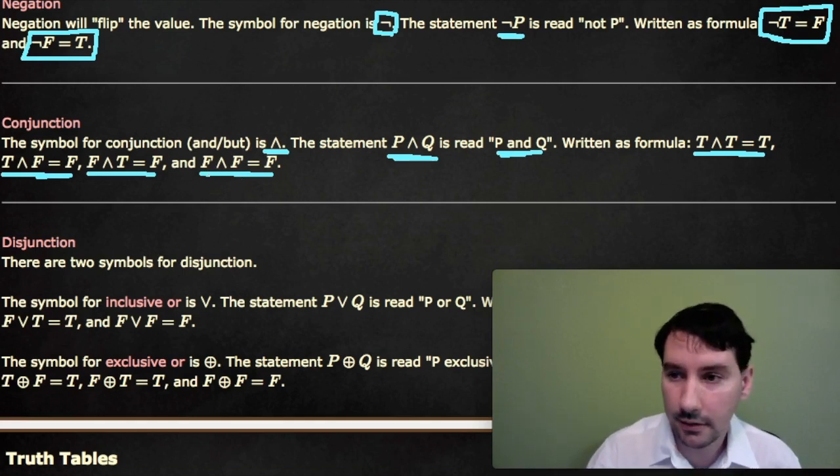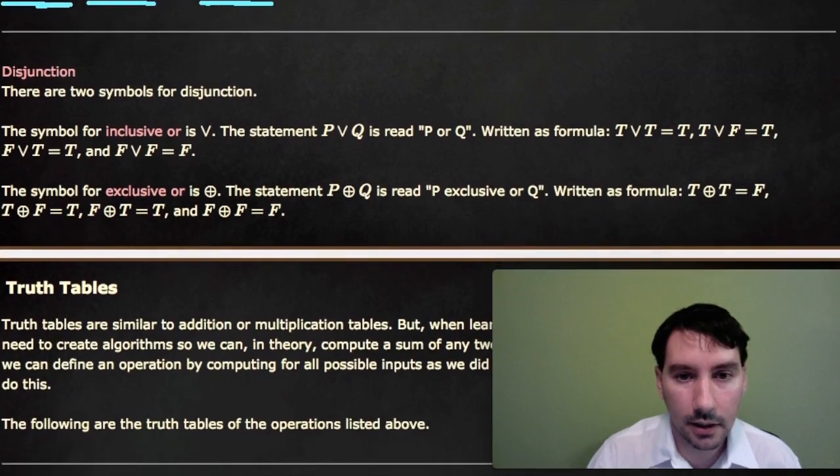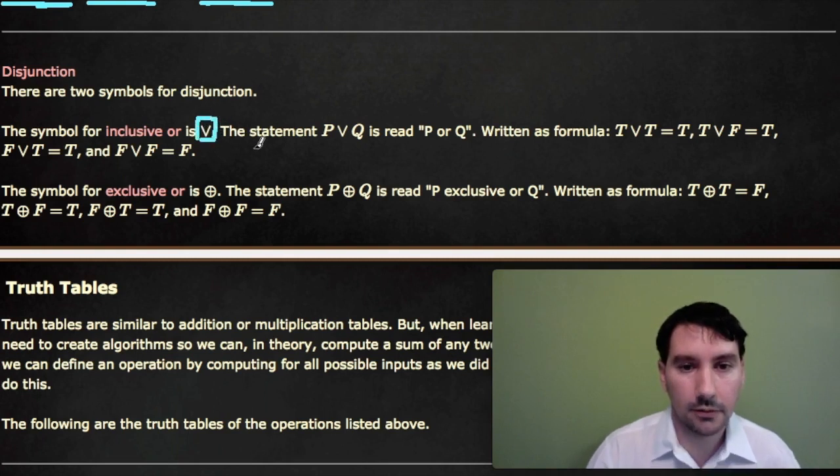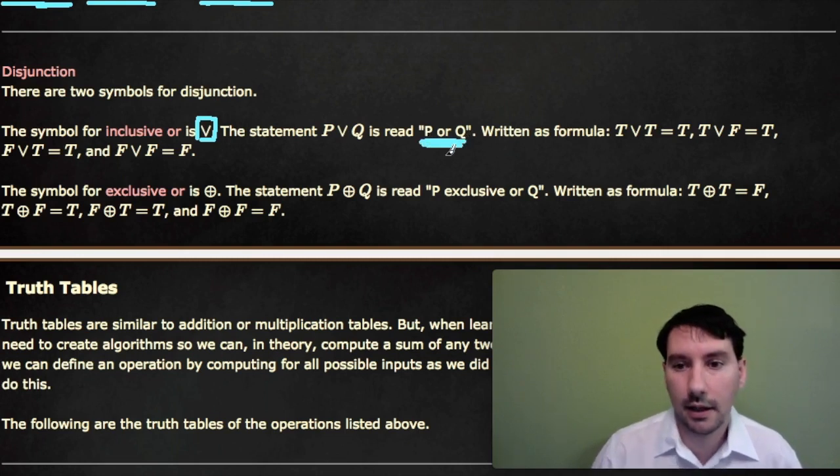For disjunctions, we have two different definitions of or, right? There's the inclusive or and the exclusive or. The inclusive or is represented by this V symbol, which is just a flipped over conjunction symbol. And that's read P or Q. So this is very important. In mathematics, mathematicians always mean inclusive or when they say or.